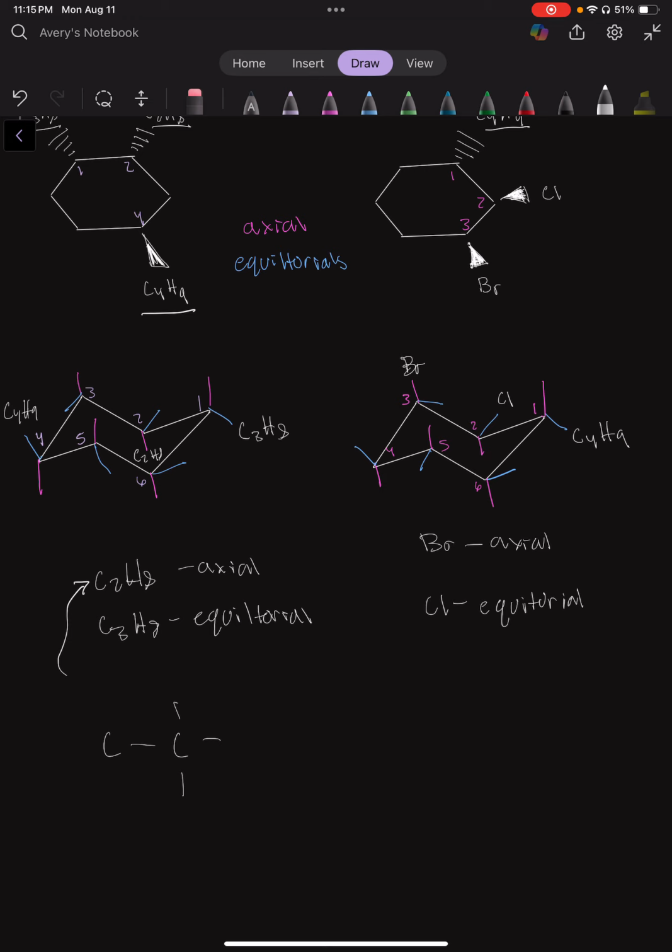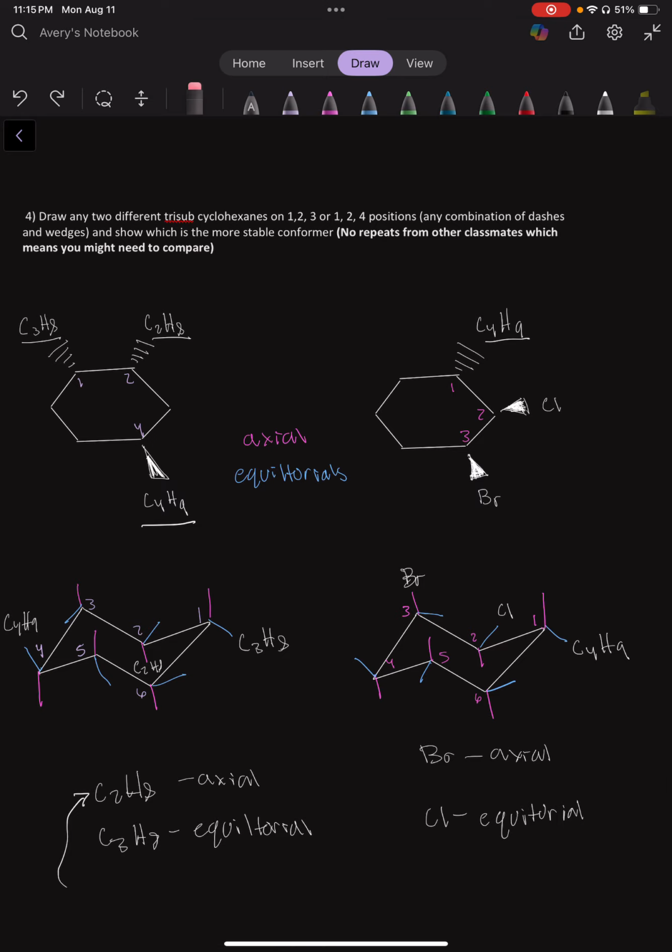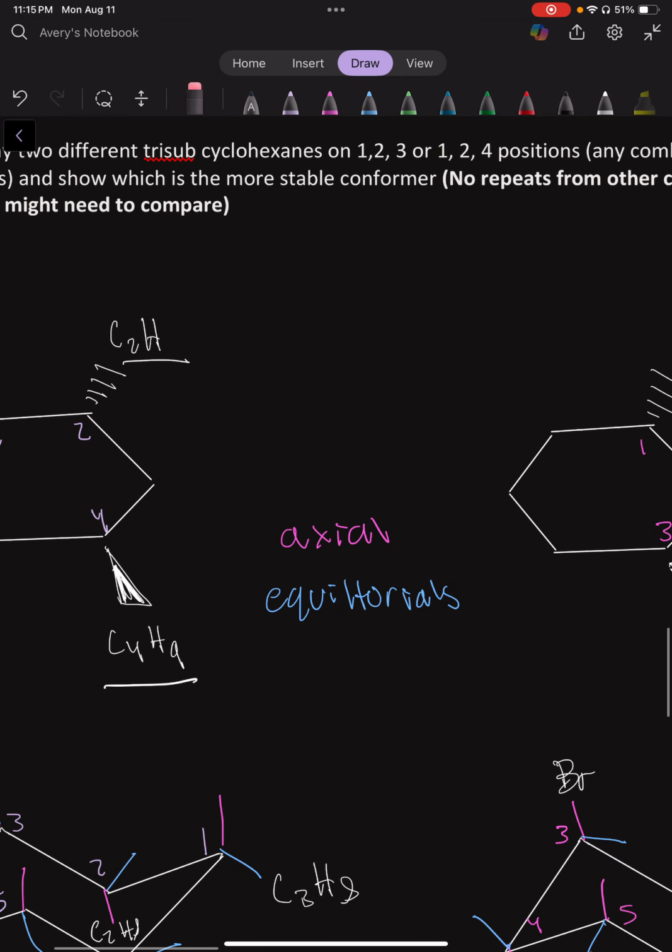All your hydrogens. I don't even know where all those hydrogens go. Wait, did I write something down wrong? I did. Oh my goodness. Huge error on my part. This is supposed to be H6.